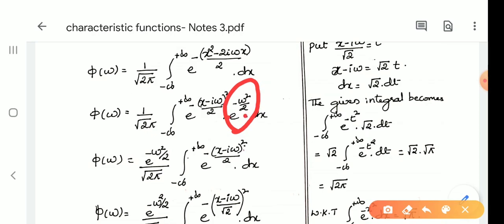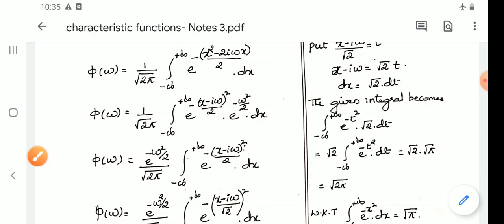So, that can be written outside the integral. So, when we write it outside the integral, it becomes phi omega is equal to e power minus omega square by 2 divided by square root of 2 pi into integral minus infinity to plus infinity e to the power minus x minus i omega whole square by 2 dx.